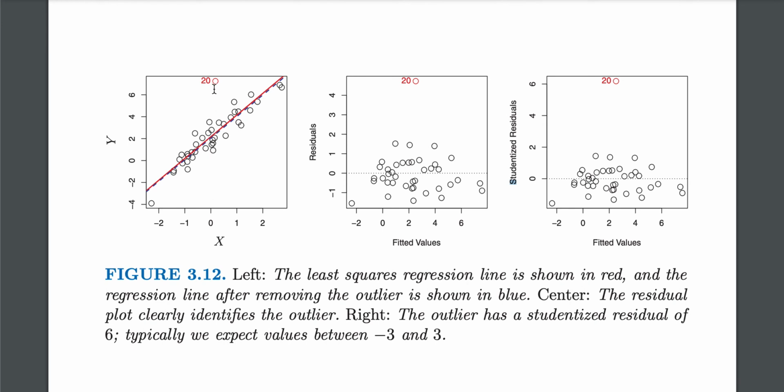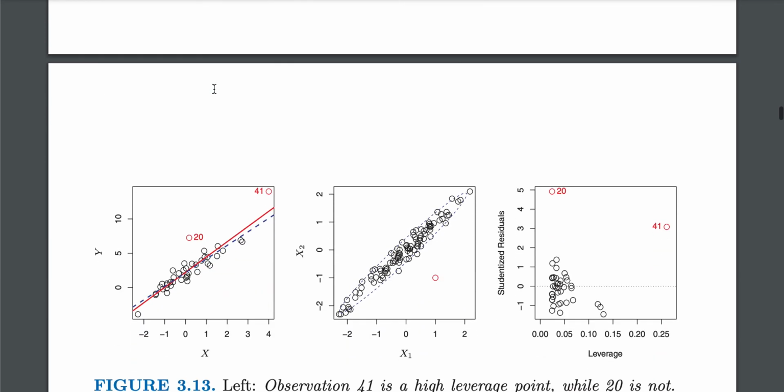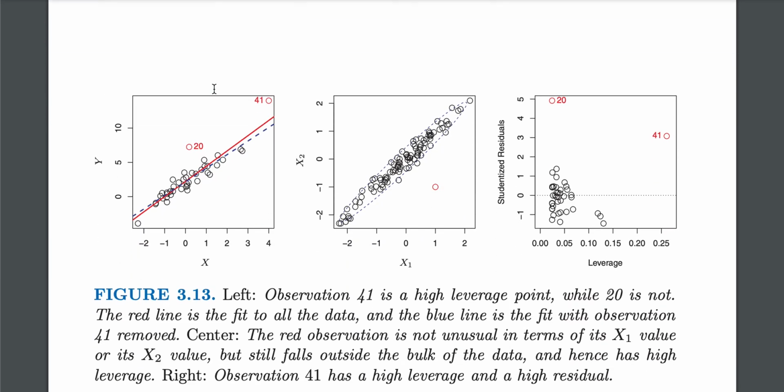It only had a larger y value. Here we can see that the x value of 20 is around the x value of the rest of the data.